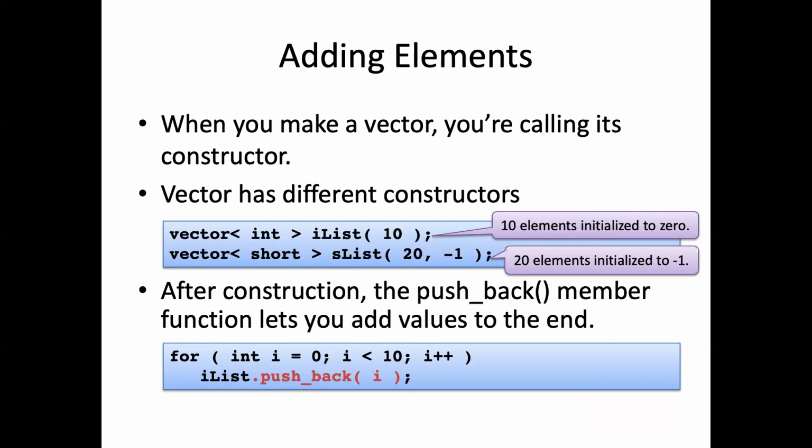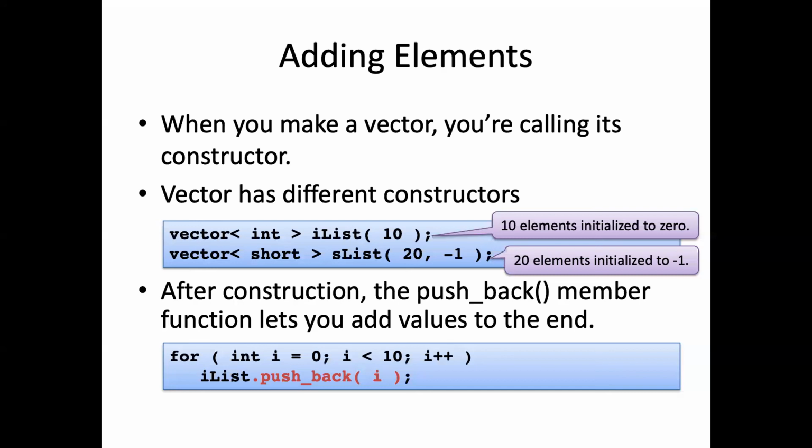If you pass in a single integer, you're saying how big you want that container to start out. So in this top example, I'm making iList, and it's going to start out with 10 elements rather than starting out empty. And for every type, it tries to use the default constructor for that type.